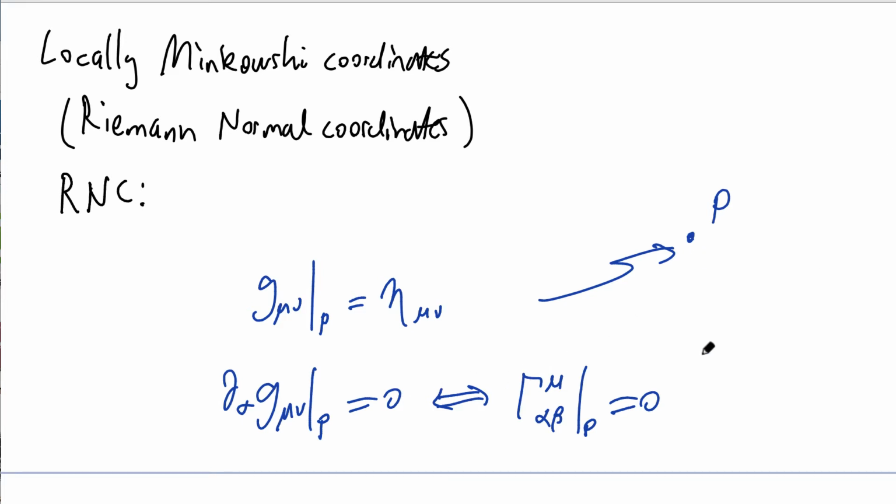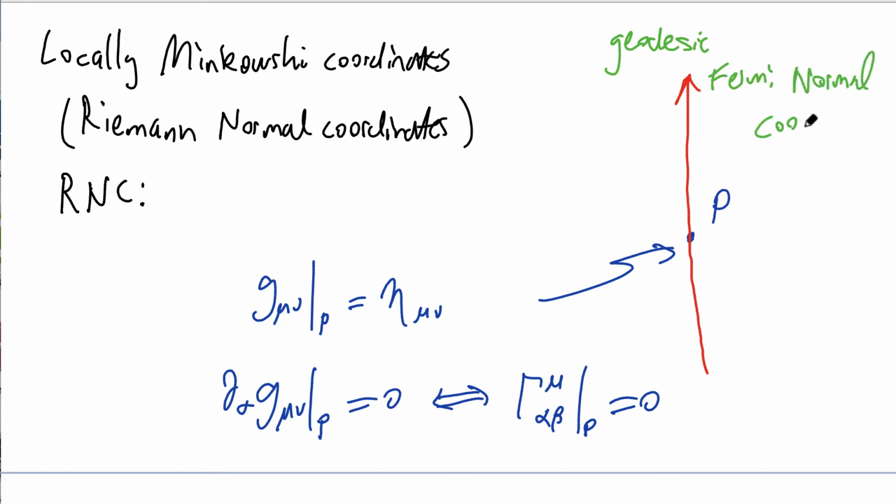So all we need to do is find a geodesic through this point, and then construct Fermi normal coordinates. So this is a geodesic. And Fermi normal coordinates is a set of coordinates that have these properties all along the world line, and in particular they'll have these properties at point P on the world line.